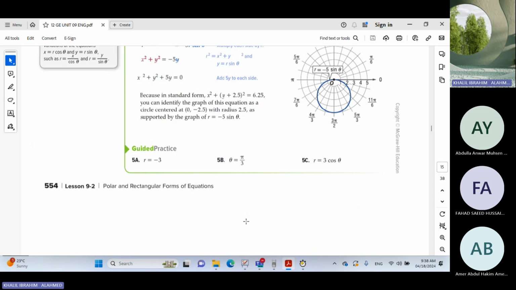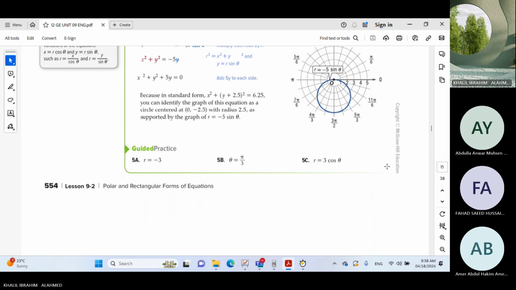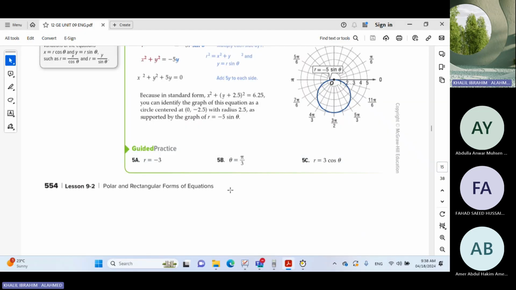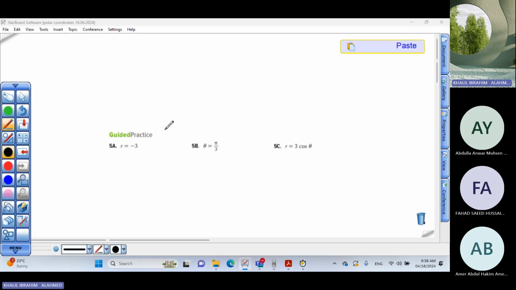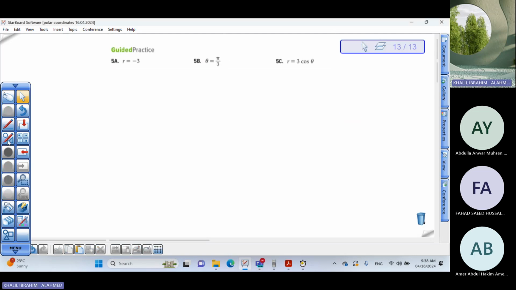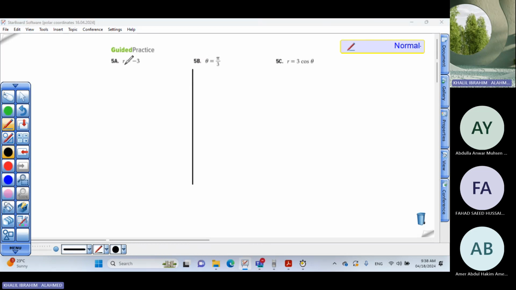As you see here, we have many practice problems. I will solve one of them and leave 2 for you to practice at home. This is the first one.